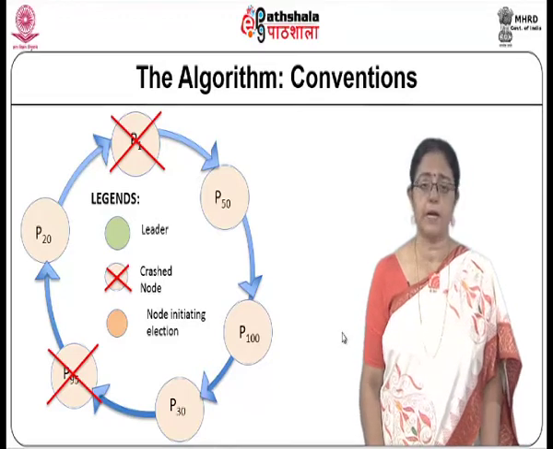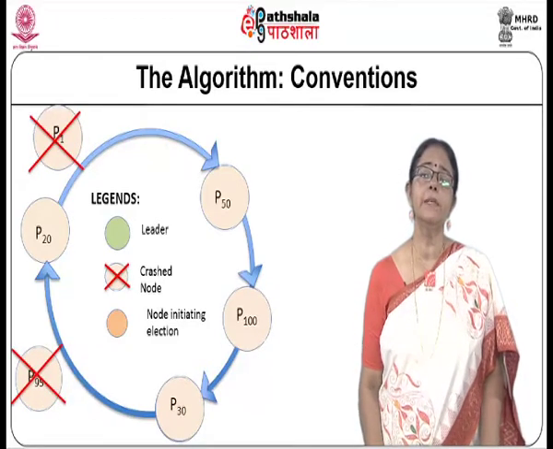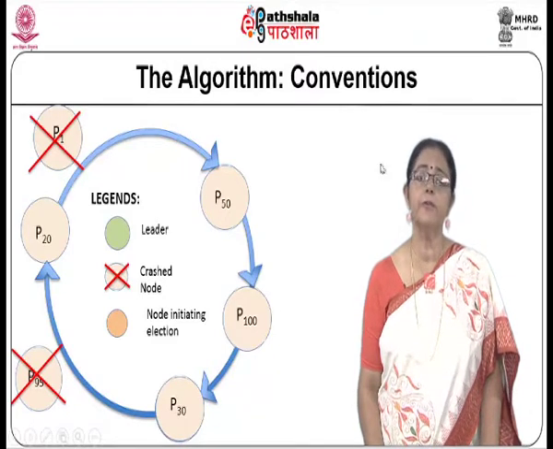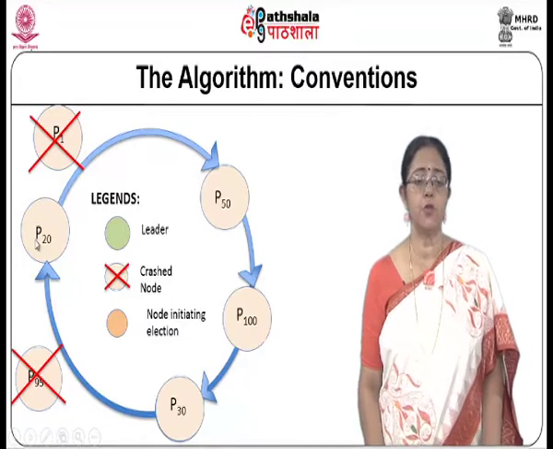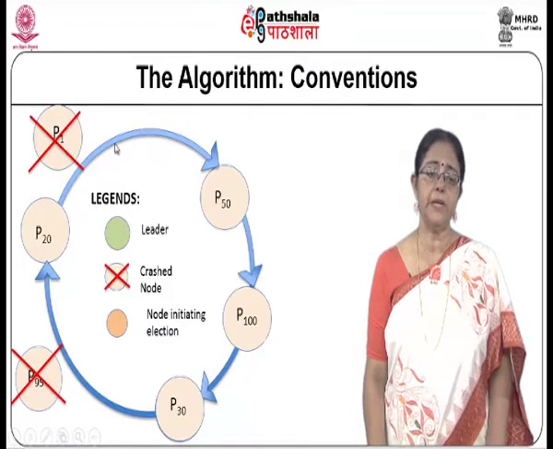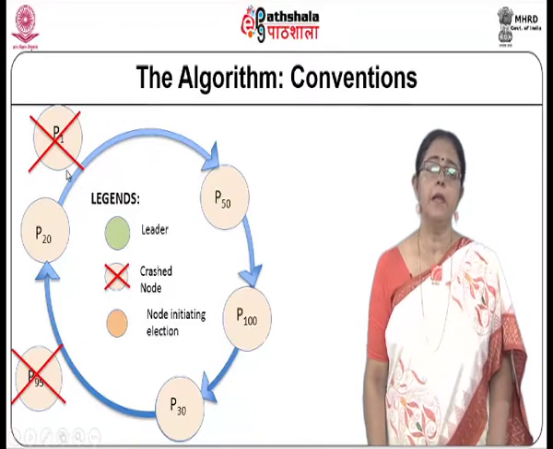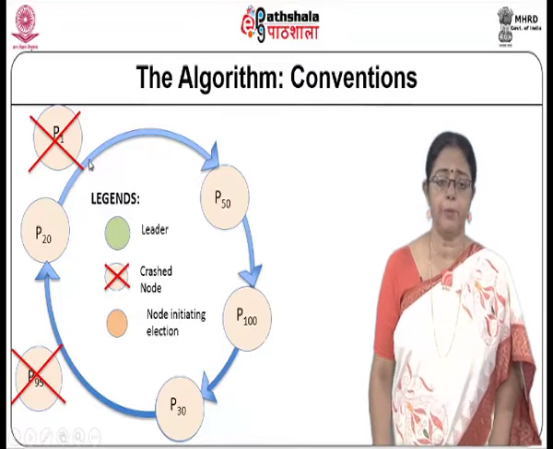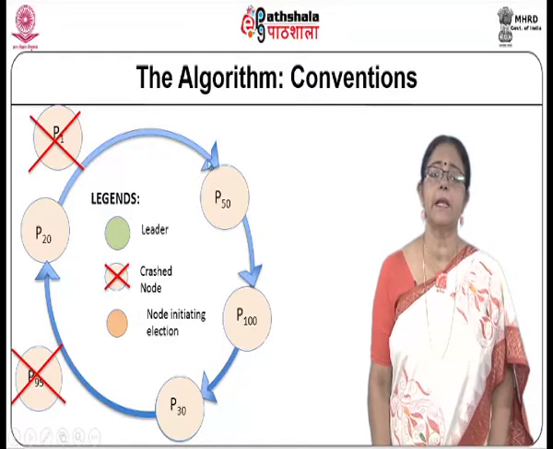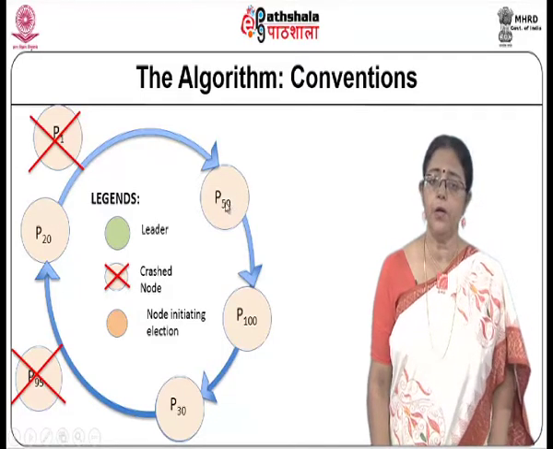Now, if a node crashes in a ring, then we simply remove the node and make the channel from P20 to P50 communicate directly. Earlier, P20 was communicating with P1. Now that P1 has crashed or is not working properly, P20 is able to communicate directly with P50.